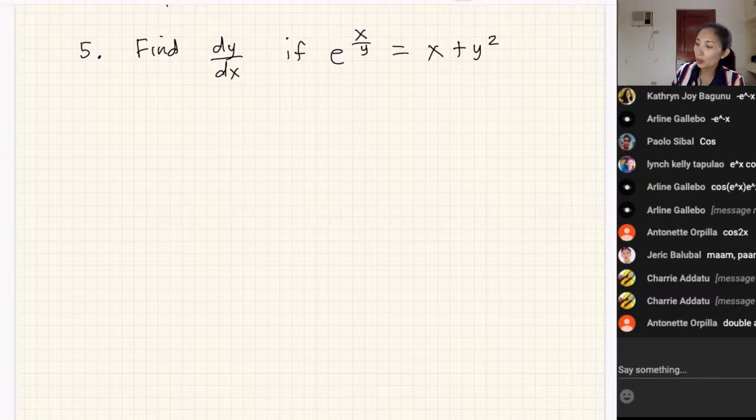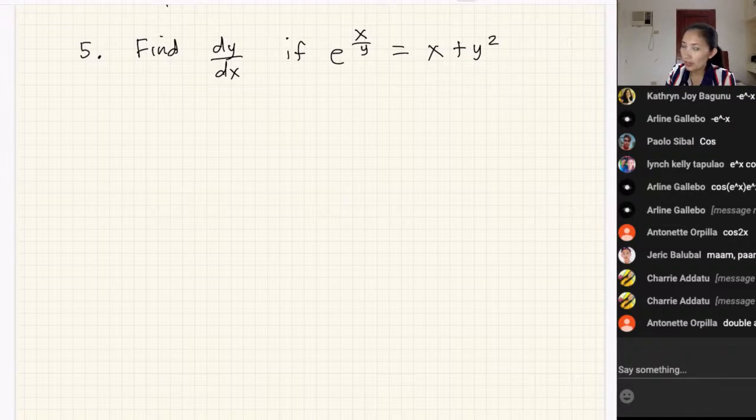So this is an implicit function, so we have to make use of implicit differentiation. Now, looking at the left and right side of the equation, this side is of the form e to the u, and this is simply a sum of two. Differentiate the first and then differentiate the second.